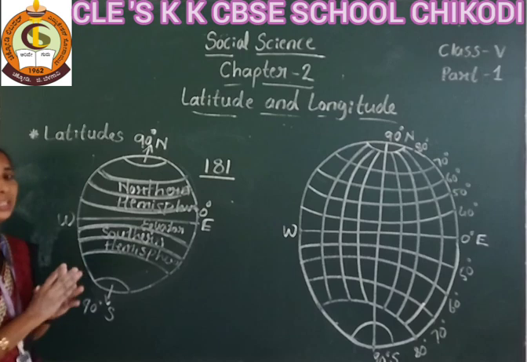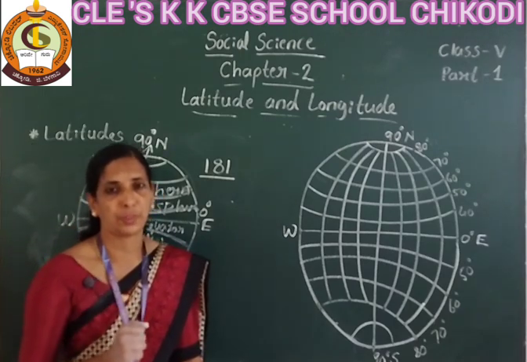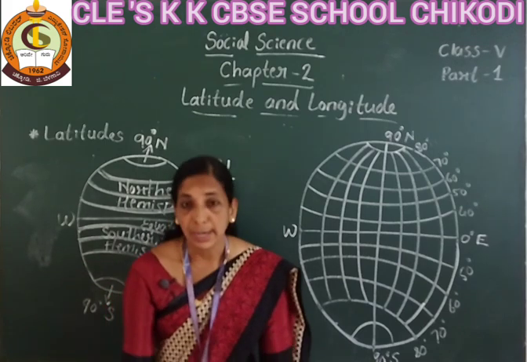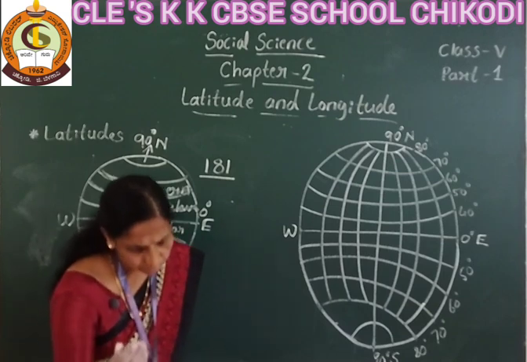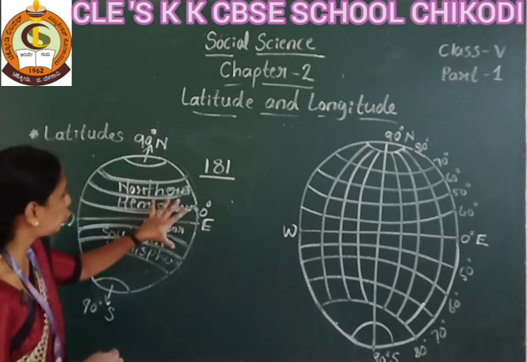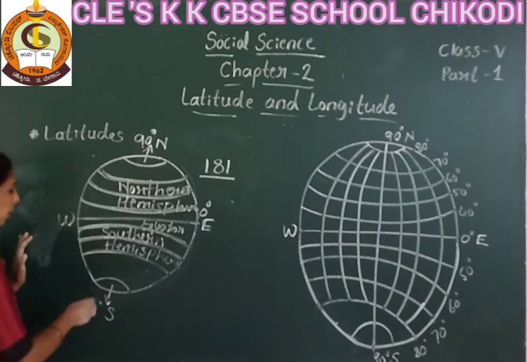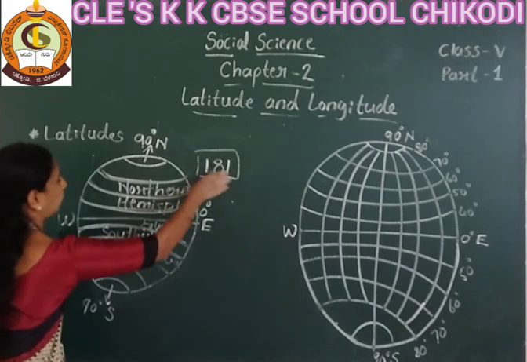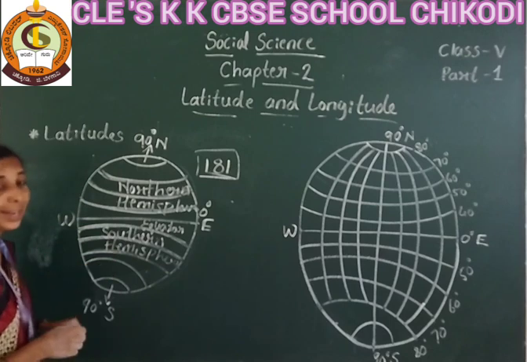These parallel lines are also called parallel latitudes. And there are totally 181 lines in latitudes.